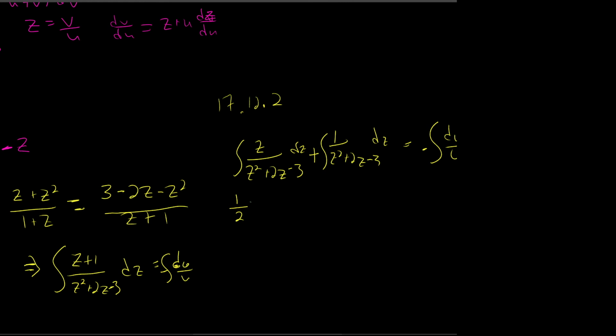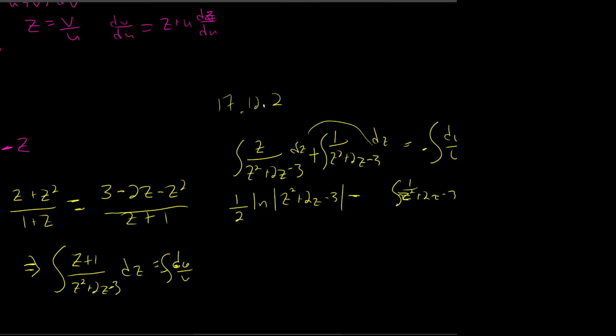That says I want to take 1/2 of ln of z squared plus 2z minus 3 minus the integral of b over a, but b is 2, and so I get the integral of 1 over z squared plus 2z minus 3. Sorry, z squared.